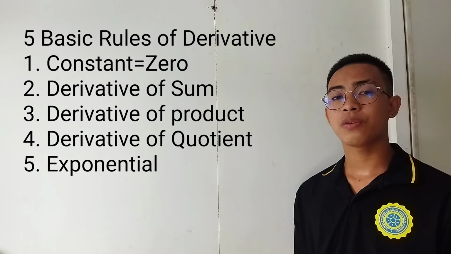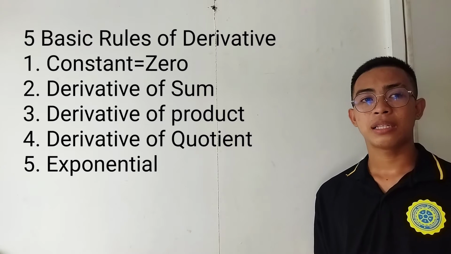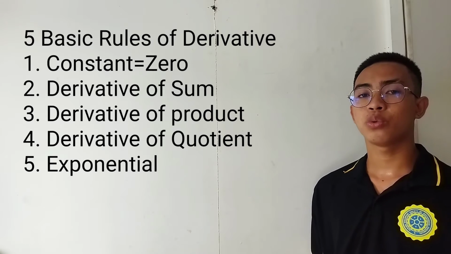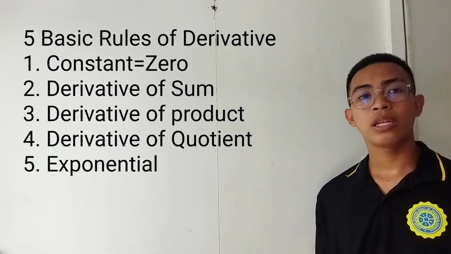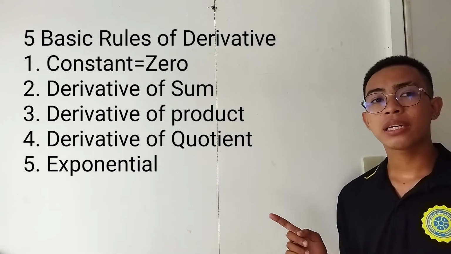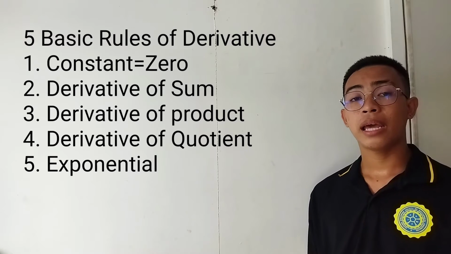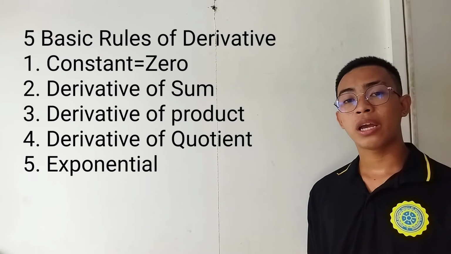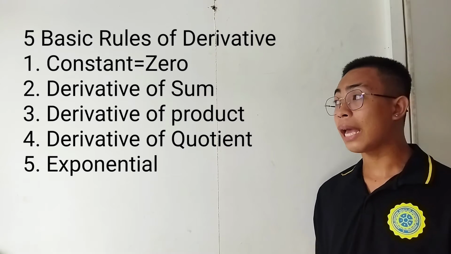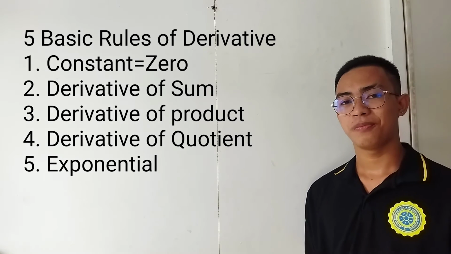And the last basic rule of derivative is for y equal to x to the n. The derivative is dy over dx equal to n x to the n minus 1, and the derivative of x, where n is equal to 1, is 1.